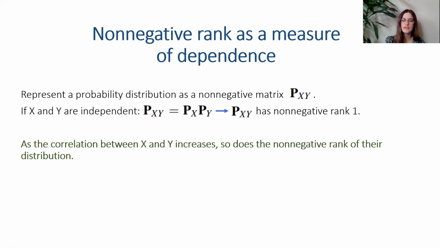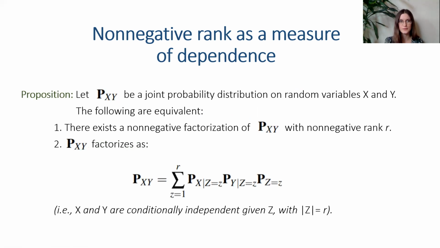Based on this observation, we give the following proposition. Let P be a joint probability distribution on random variables x and y. Then the following two are equivalent. First, there exists a non-negative factorization of P with non-negative rank R. And second, P factorizes as shown here.